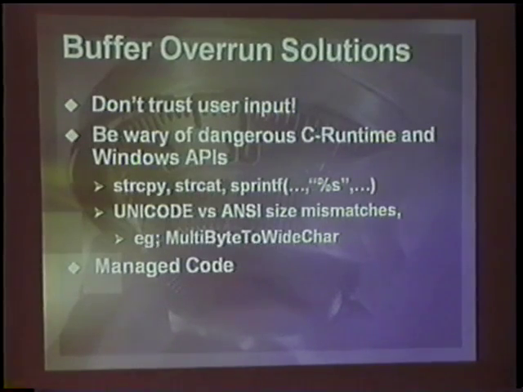Okay. Number one thing, I can't say this often enough, Michael and I could probably say it in a chorus: don't trust user input. Also, get rid of unsafe functions. A really bad developer can figure out a way to screw up anything, even using totally safe function calls.